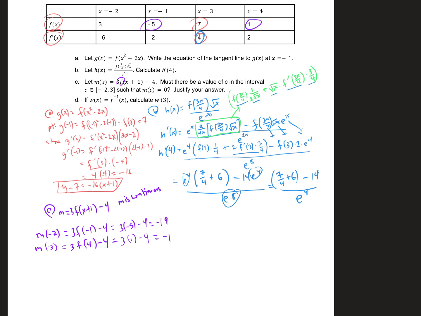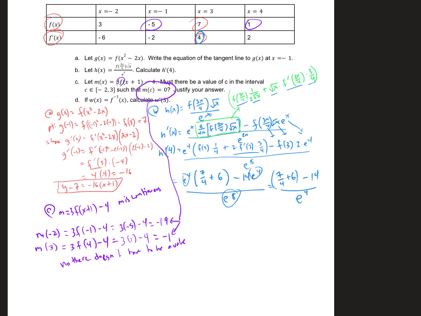Now, notice that the two y values I got are -19 and -1. And the question asks, is there a place where it has to equal 0? Well, 0 isn't between -19 and -1. So no, there doesn't have to be one. Because 0 doesn't fall between -19 and -1.